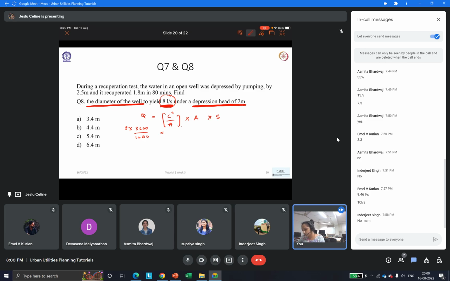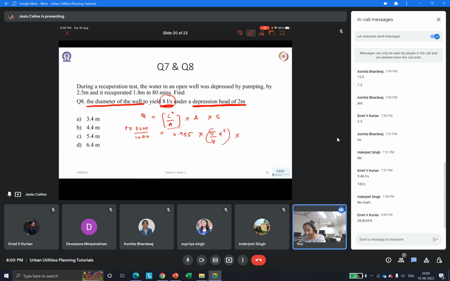We already know this value, 0.955, which we just found in the previous question, so I'm not doing the calculation again. And area, I'm leaving it as d square so that we can come back and do the calculation.